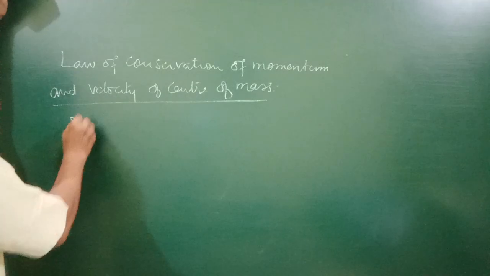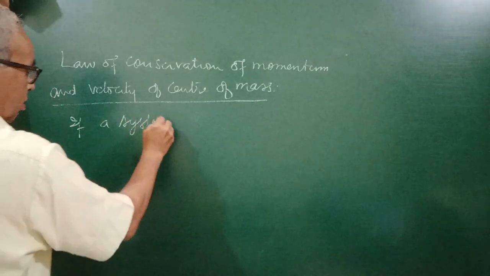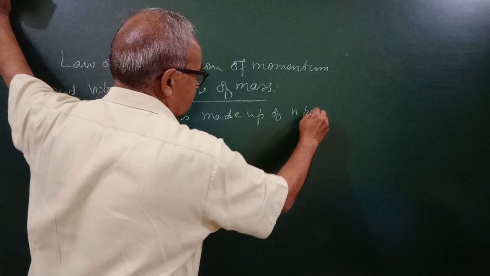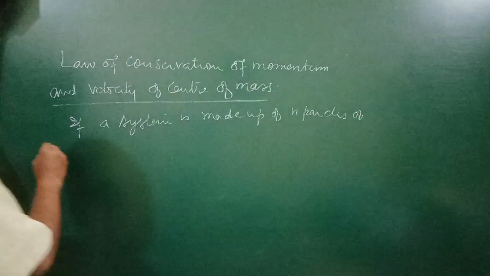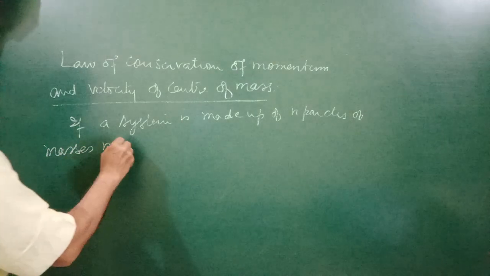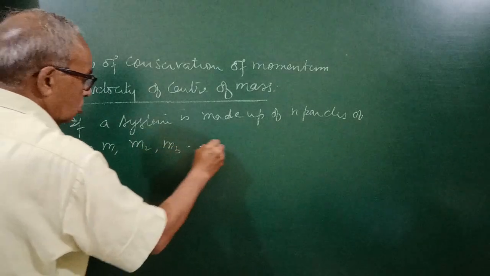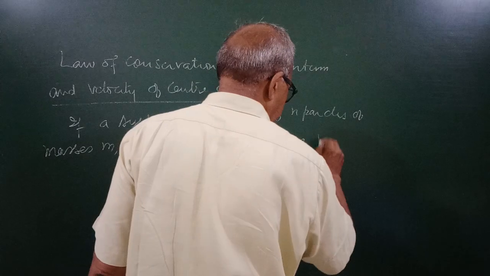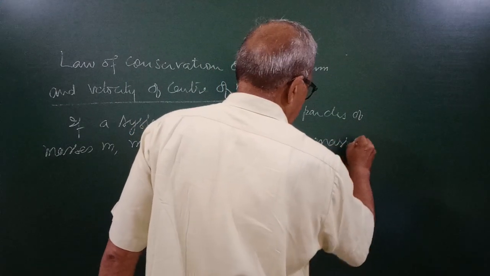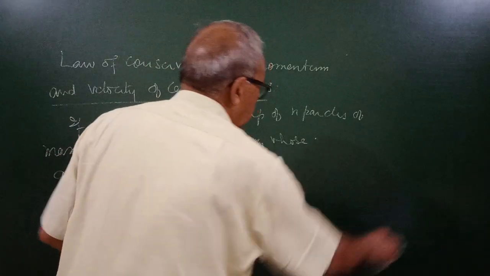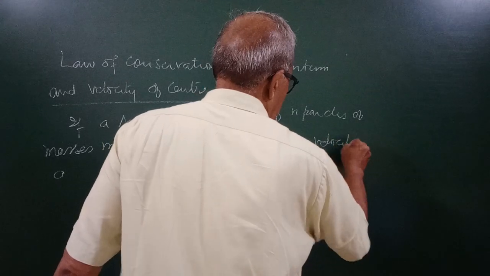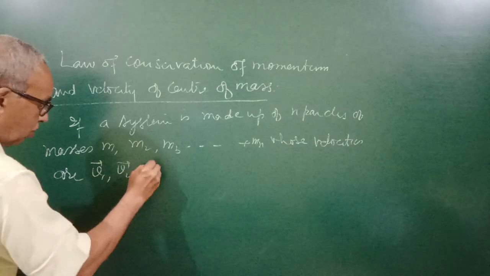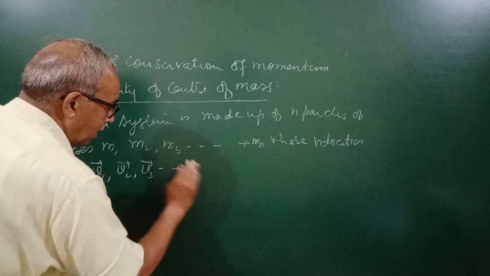I can write here, if a system is made up of n particles of masses m1, m2, m3, so on up to mn, whose velocities are v1, v2, v3, so on up to vn.